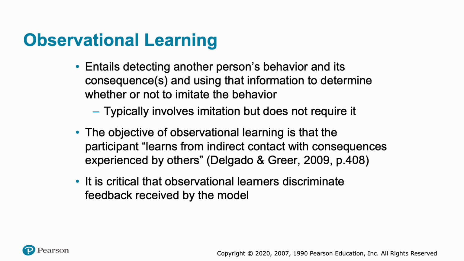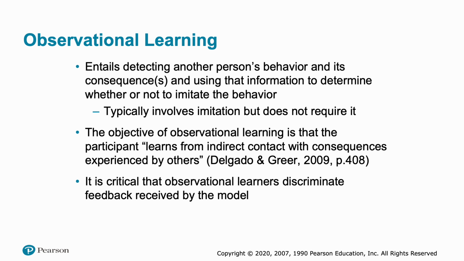So a perfect example of this occurring in our day-to-day lives is in a classroom. Let's say that a teacher asks a question, a student raises their hand, they respond to the question, and it's the incorrect answer. If you had the same answer that you wanted to give, you observed that person give the incorrect response, right? You probably will not raise your hand and give the same exact response.